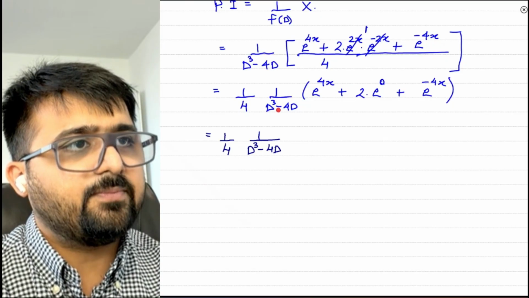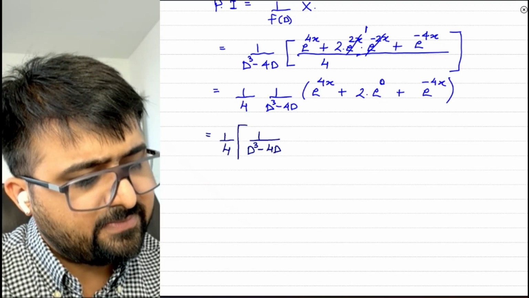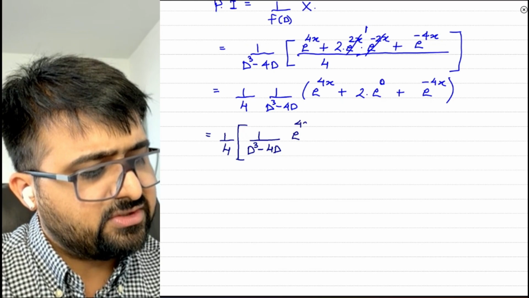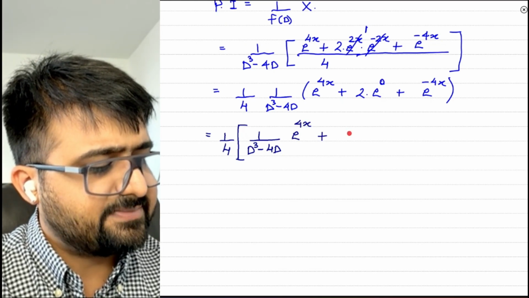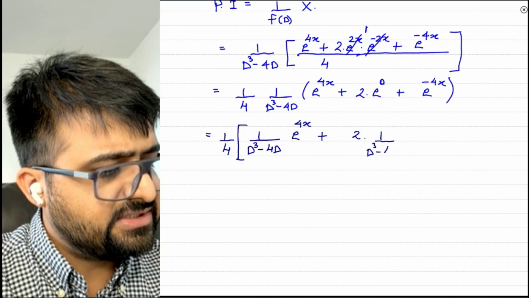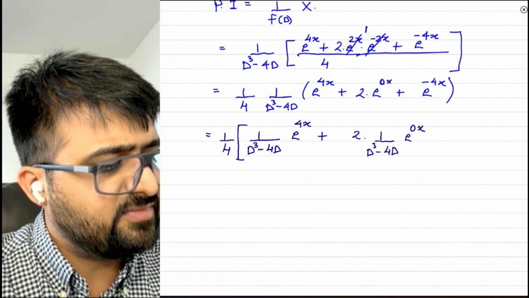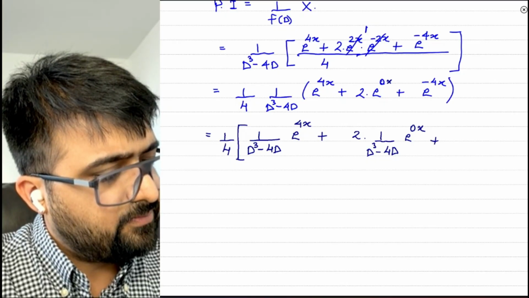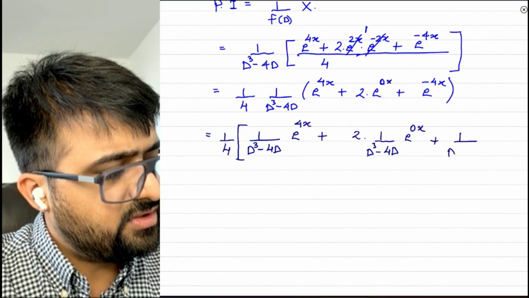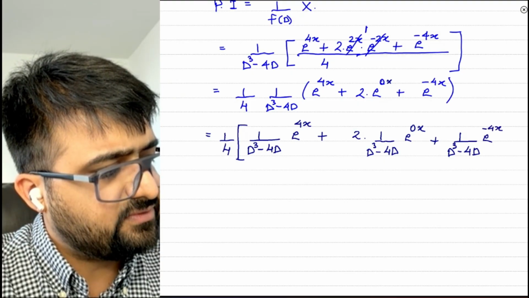Let's give this operator to each of those functions. Let's put a bracket here and give it to e to the power 4x, plus 2 into 1 upon D cube minus 4D e to the power 0x, plus 1 upon D cube minus 4D e to the power minus 4x.